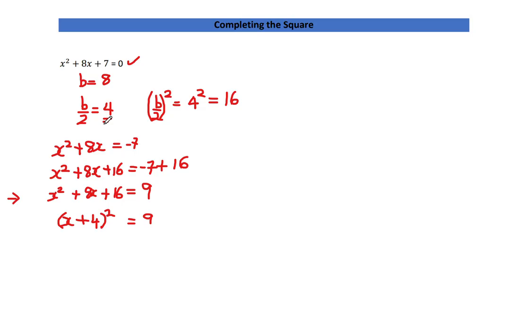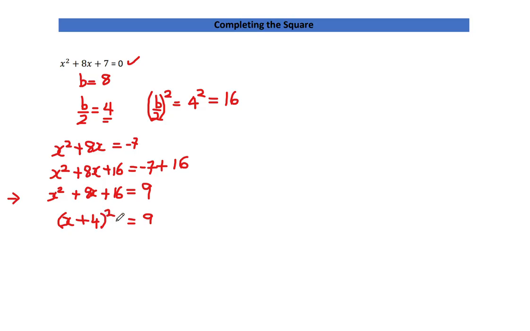In this case, b over 2 has a positive value of 4, so therefore the perfect square representing this quadratic equation in the rewritten form would be x plus 4 all squared. If this answer was a minus 4, it would have been x minus 4 all squared. So what we need to do now to solve for x is that we need to try to get rid of this x squared.